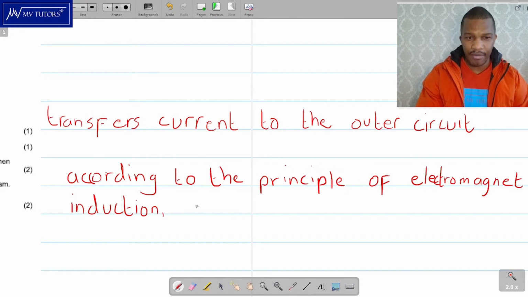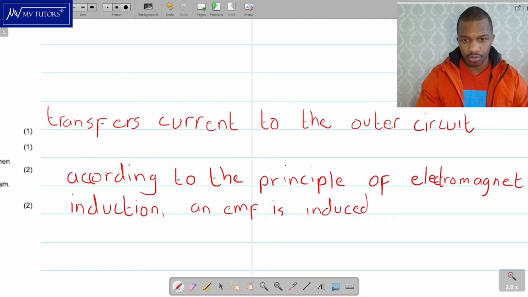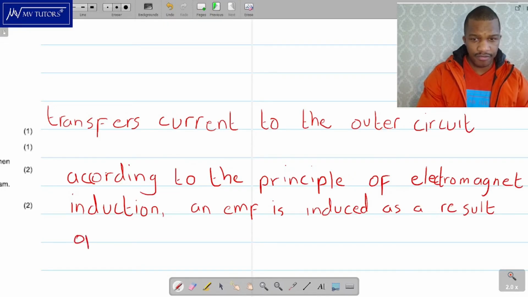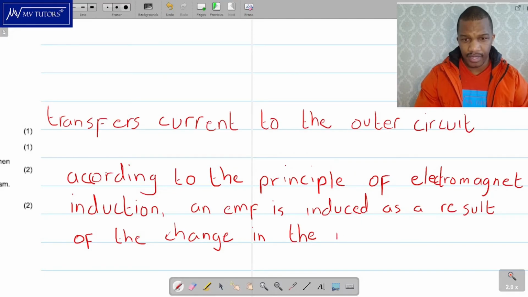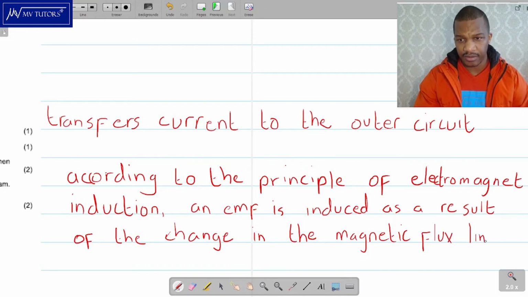It says an EMF is induced as a result of the change in the magnetic flux linkage. This is not leakage, it's linkage.